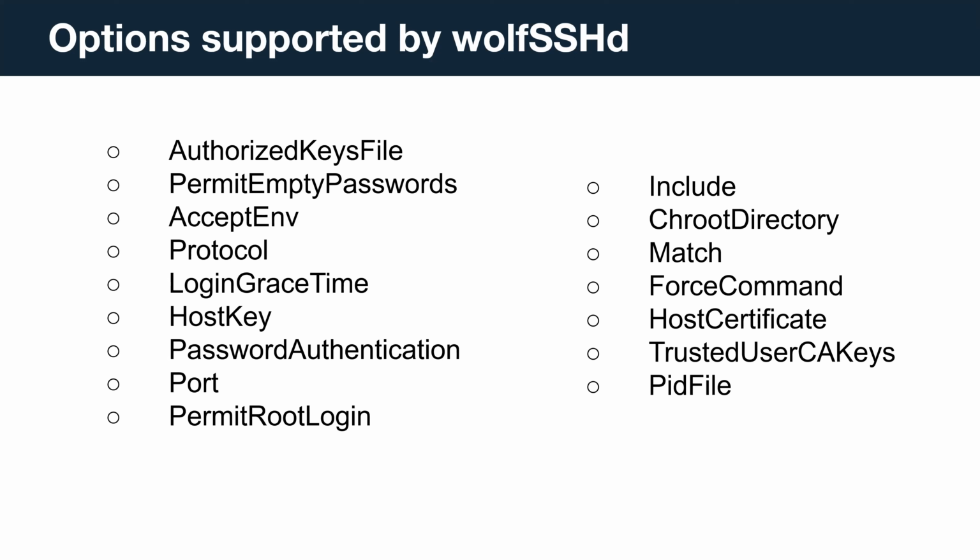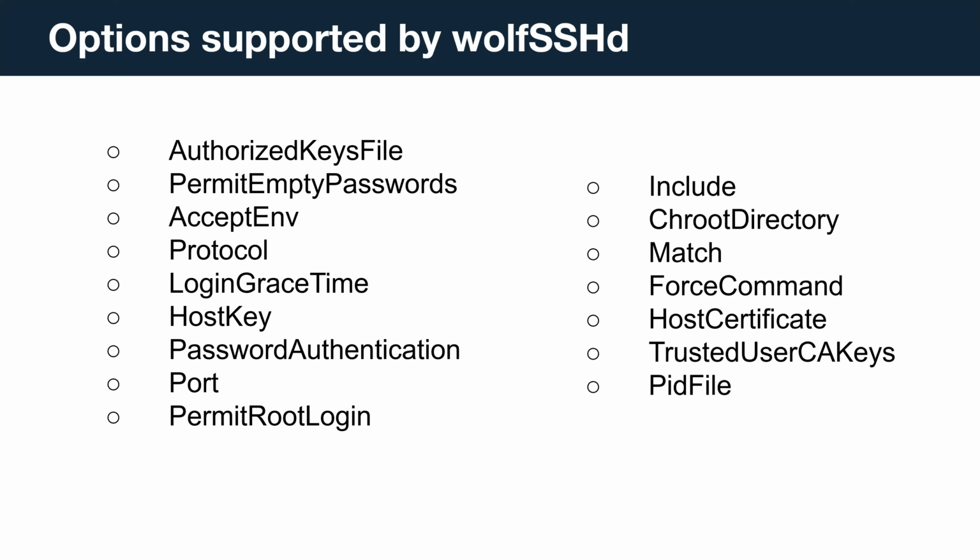We only allow protocol 2, the login grace time, host key to use, whether or not password authentication is supported, port to bind to and listen, the option to be able to permit logins, include for if you want to include another config file. We also support chroot directory. That has more effect on like a Linux Unix style environment than it does on Windows, but it's able to be parsed.